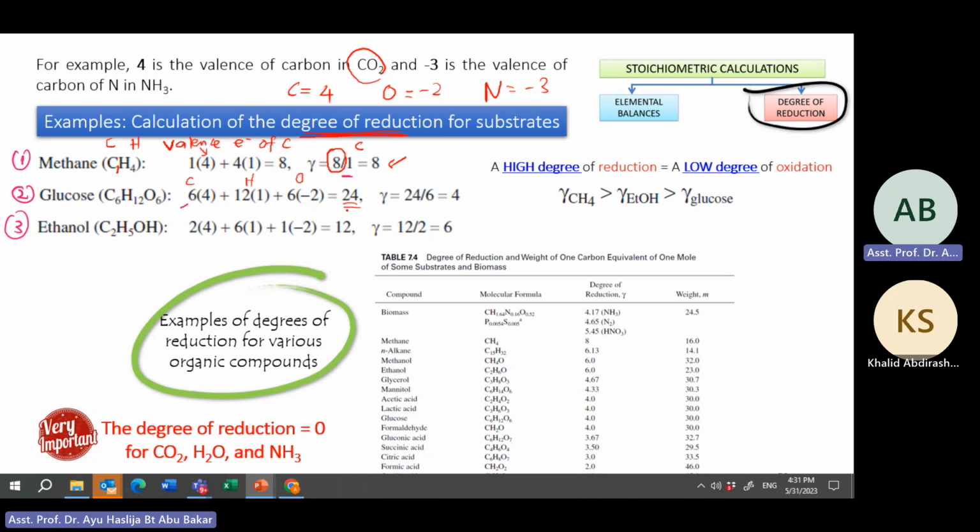Okay, calculate all together, you will get 24 electron. Divide by the number of carbon that you have. Here you have 6. So that's why divide by 6. Then you will get the degree of reduction for glucose is 4. Okay, it involves simple calculation, but then you should know which value to be used. Okay, so for ethanol, you will get 6.